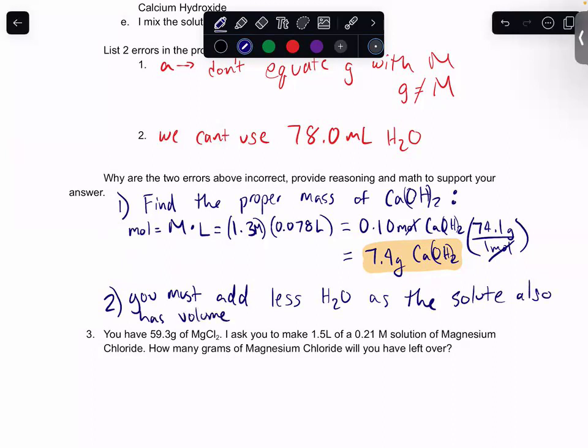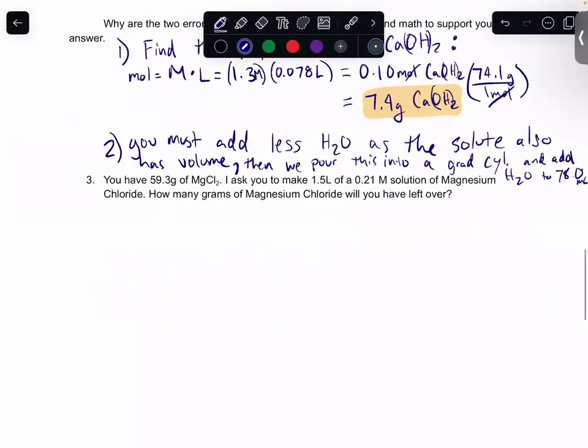So some idea that shows us that we have to add less, and then we pour this into a graduated cylinder and add water to 78.0 milliliters. Basically, what I'm saying is once we've mixed the solution with less water, we'll pour the whole thing into a graduated cylinder and dilute that back up to 78.0.